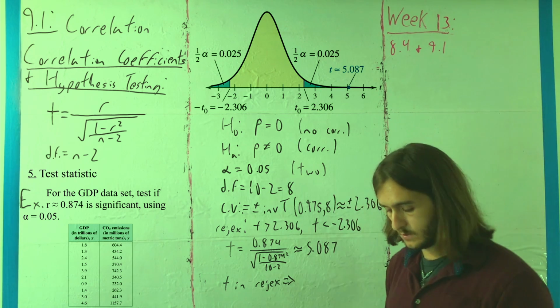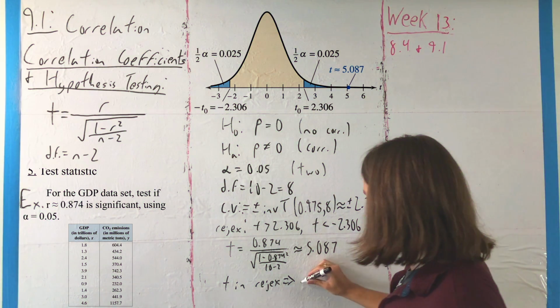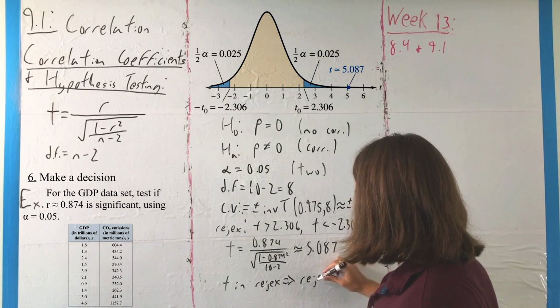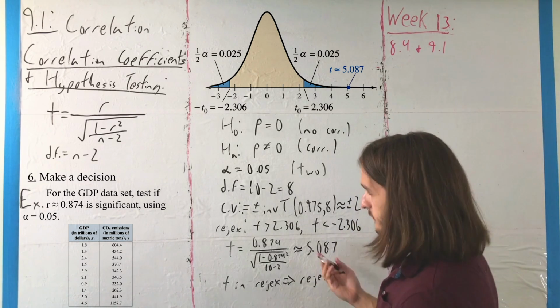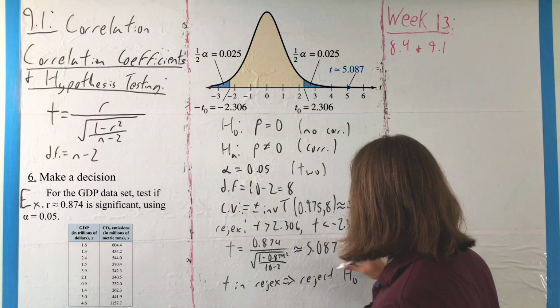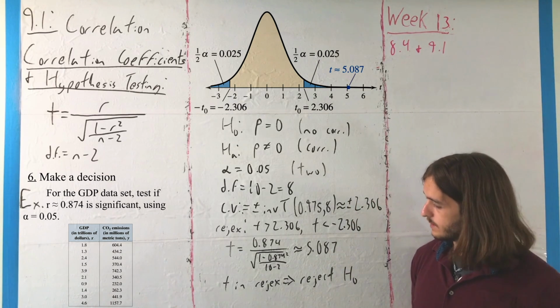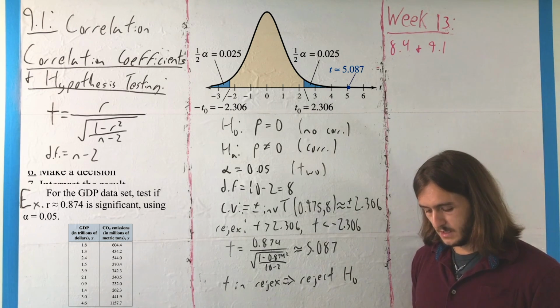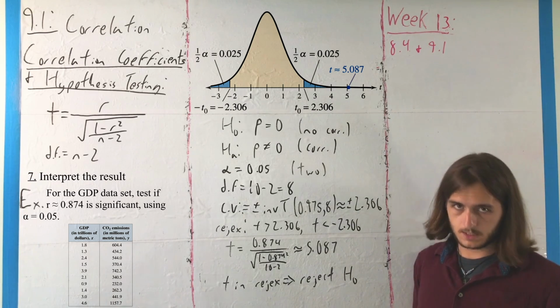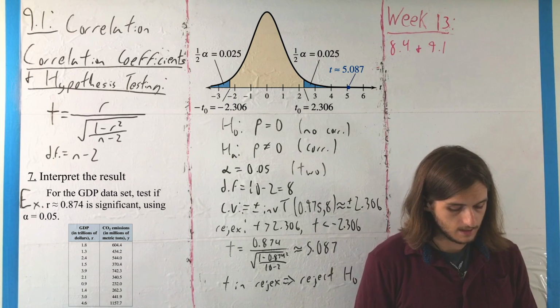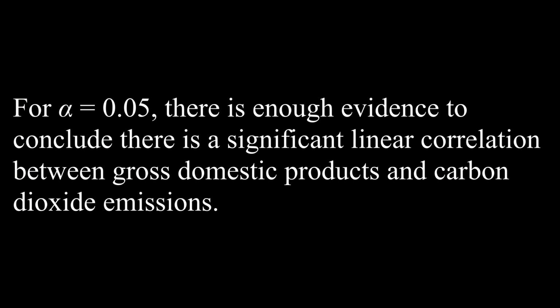And because our t-score is in the rejection region, as always, even though we have different values, even though we have different pieces, we're still going to end up rejecting the null hypothesis. So, because we are rejecting the null hypothesis, if we want to make some sort of conclusion, some sort of interpretation, we could say that there is enough evidence for alpha equals 5% to conclude there is significant linear correlation between gross domestic products and carbon dioxide emissions.